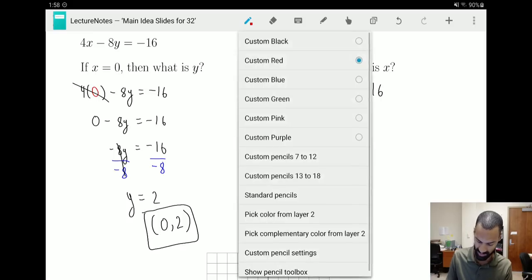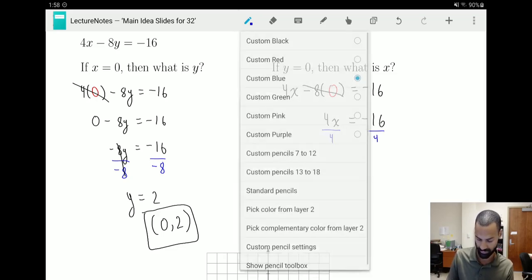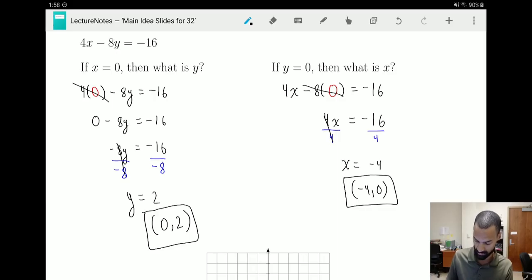Like I said, whenever you have a 0 multiplied times a term, you can just scratch that whole term out. This becomes 4 times x equals negative 16. Divide both sides by 4. And that'll give me negative 4. So if y is 0, x is negative 4. Or you could say when x is negative 4, y is 0.